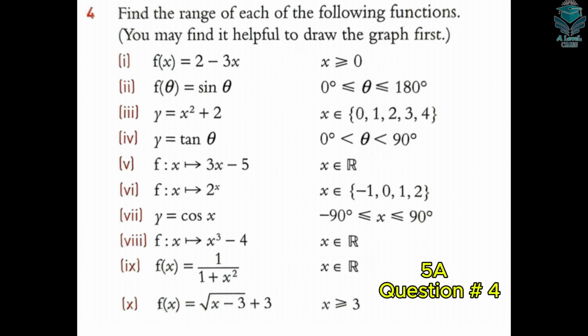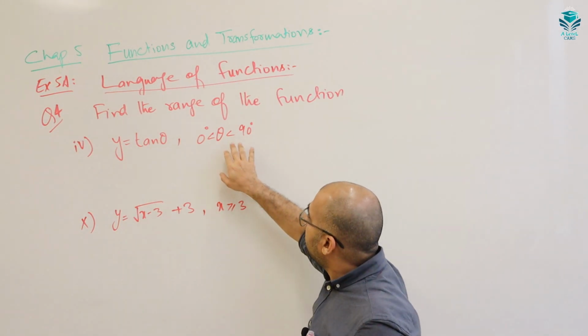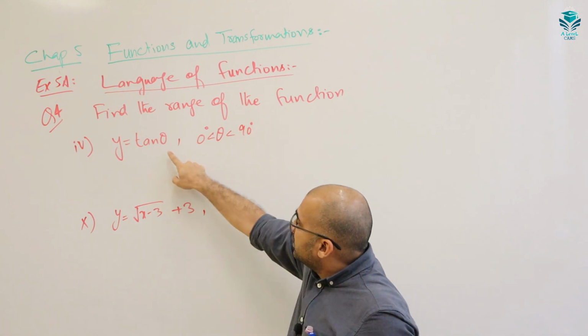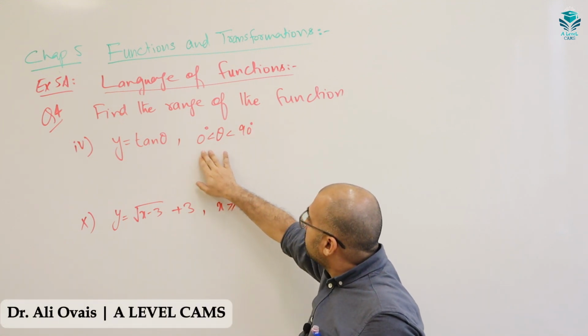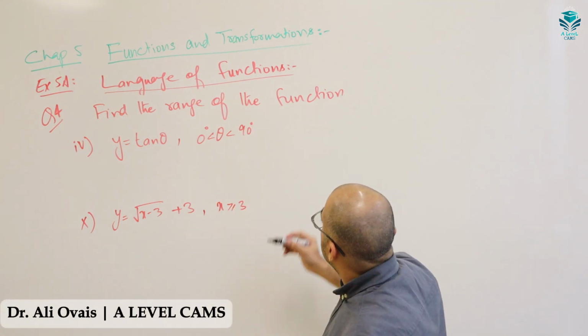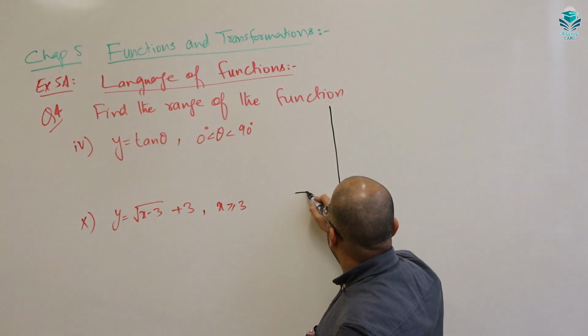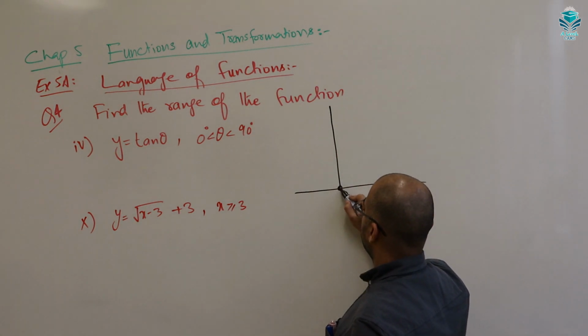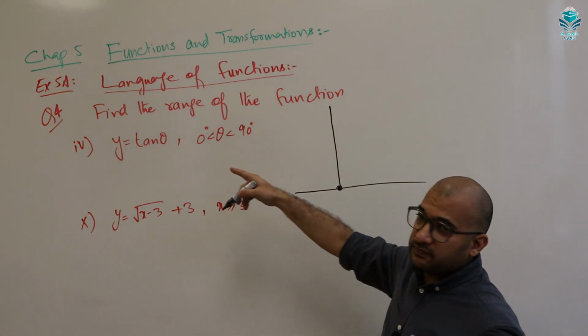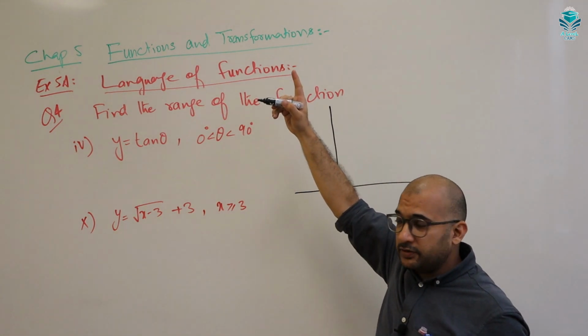Students, in question number 4 we are given a function y equal to tangent x and we have to find its range, where the domain is given from 0 to 90. So if we draw, at 0 the function is 0 and at 90 the function is undefined.